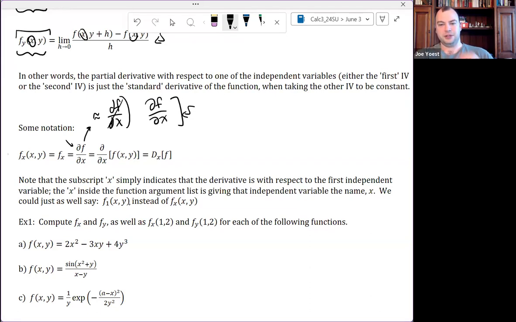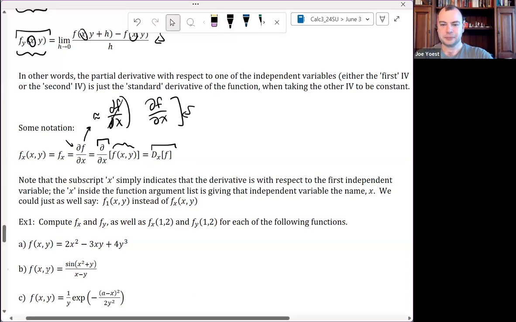We could think of the differential operator like this, partial by partial x of, say, f of (x, y), or D sub x applied to f. And an important note is that the subscript x, so this x in the bottom here, like f sub x, simply indicates that the derivative is with respect to the first independent variable, and the x inside the function, the (x, y) for the argument, is just naming that coordinate.